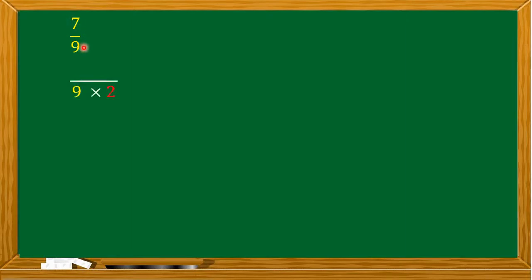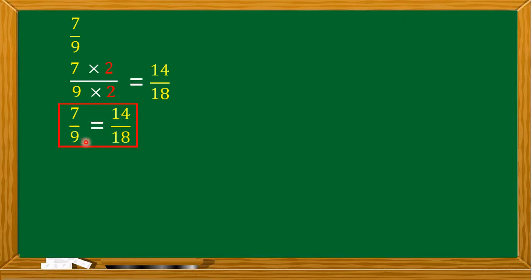So let us multiply the fraction 7 upon 9 by 2 to get the equivalent fraction. So here we get 14 upon 18 as the equivalent fraction of 7 upon 9.